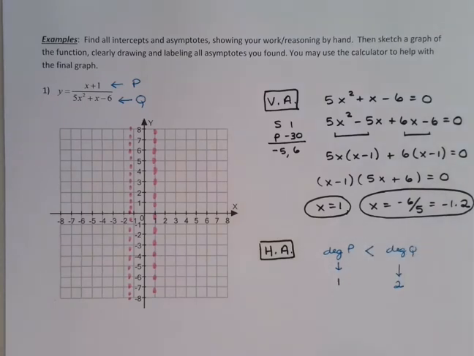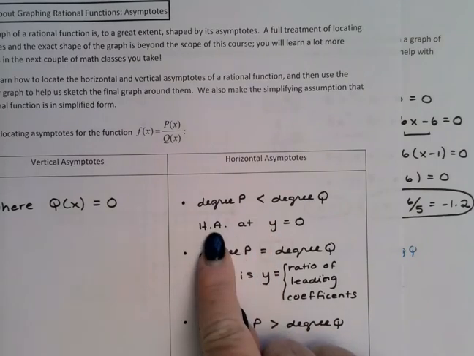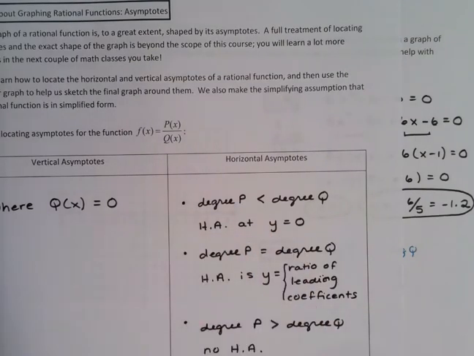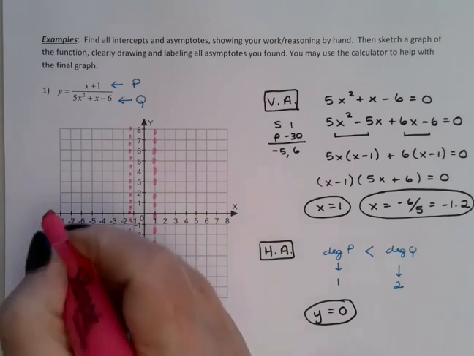So we're in the situation where the degree of P is smaller than the degree of Q. That tells me that there's a horizontal asymptote at y equals 0. And so I'll put that in as well.